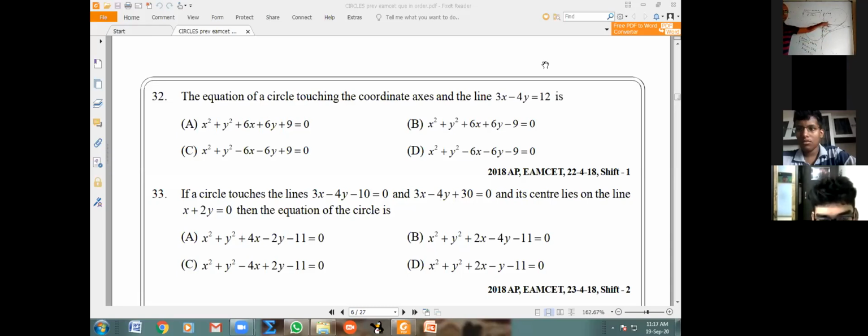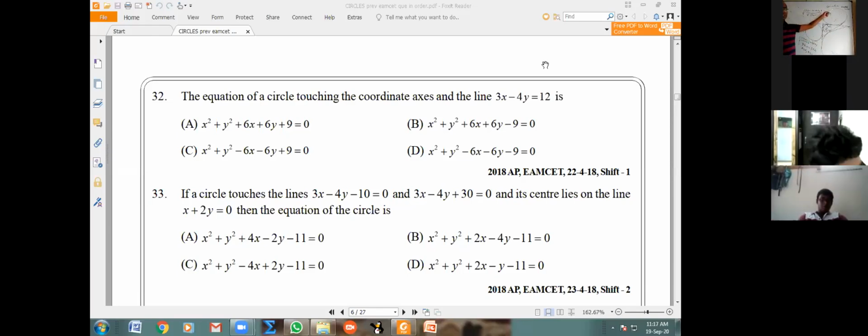If you want both first and third quadrant, I am going to take the center as r comma r and the radius as mod r, not r. Because if r is positive, I'll be covering the first quadrant, and if r is negative, I'll be covering the third quadrant.